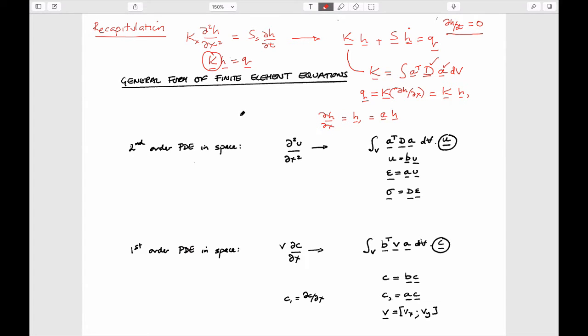And I think the only other thing that we did was we took this integral over a volume and changed it into an area times an integral over length, from the fact that if we looked at this element, it has a cross-sectional area, so that's y and z, and x is the length of the element.